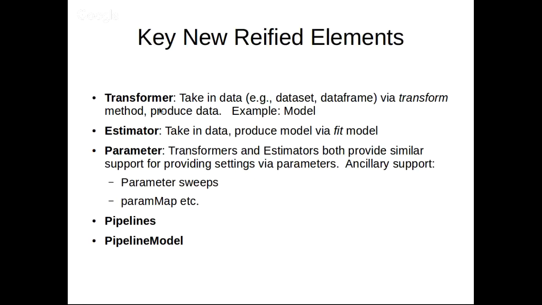By contrast, an estimator, the other key concept, is going to take in data and produce a model, typically, but really it produces a transformer, of which a model is an example. It produces it through calling the fit method. The idea here is that this is a potential model, but it needs some data to fit it. So maybe it's a logistic regression that we want to produce.